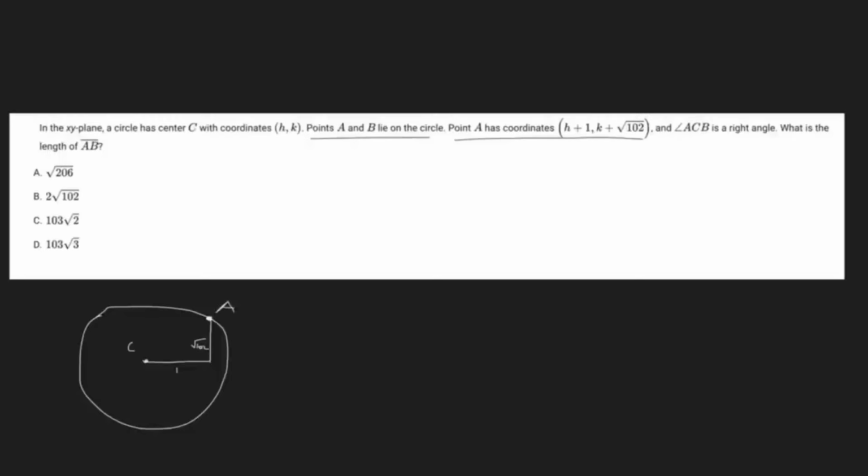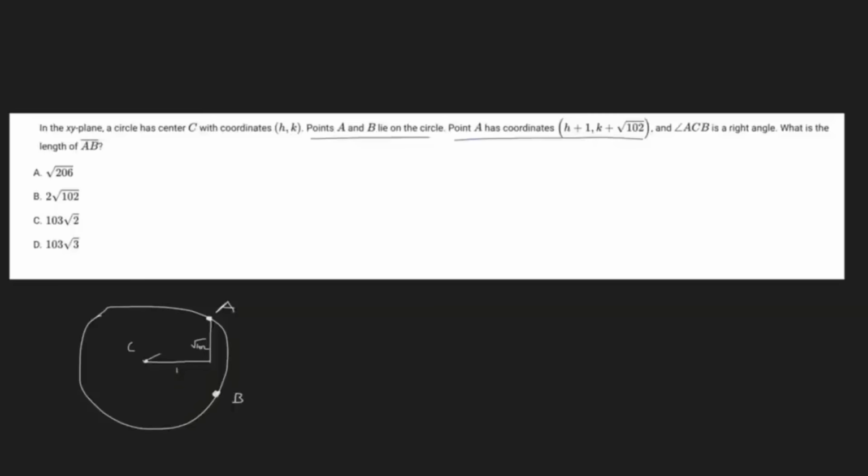Now it says angle ACB is a right angle. What is the length of AB? So we need to label point B. We don't know where point B could be, but let's put it somewhere on there, say right here. Point B. It says ACB is a right angle, so we have to account for that.